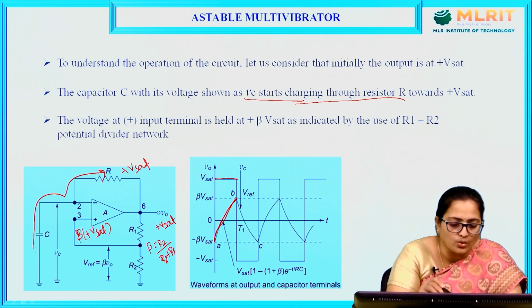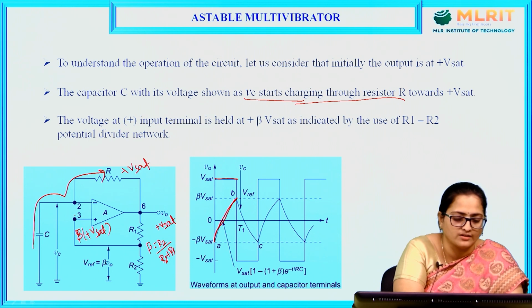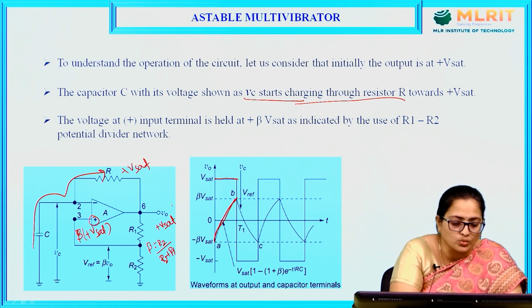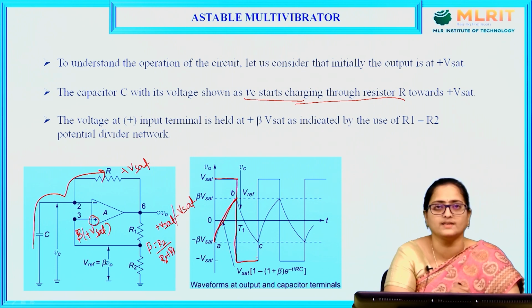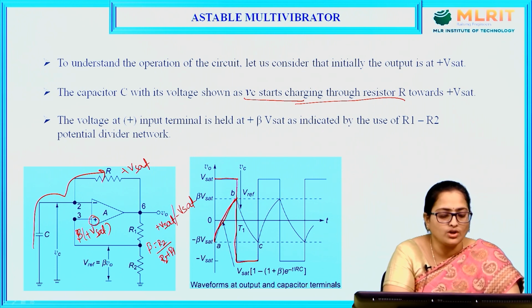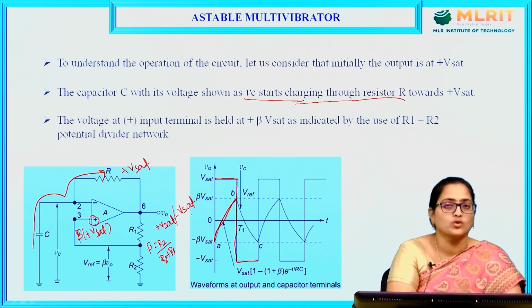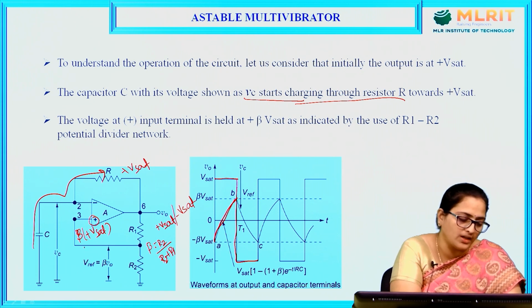When the voltage across the capacitor just rises above the voltage at the positive terminal, V0 changes to minus Vsat. Now the voltage at the positive terminal will be beta into minus Vsat.